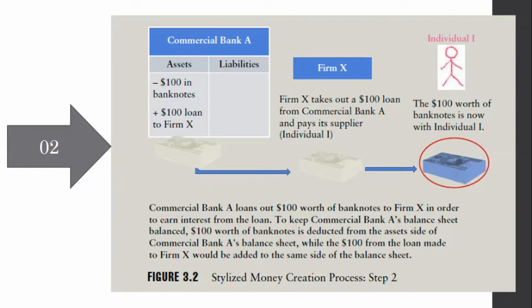So then the Commercial Bank A decides to lend that $100 in order to earn an interest. So they lend that $100 to X. So X pays that money because individual one is a supplier of X. So X pays the $100 to individual one.